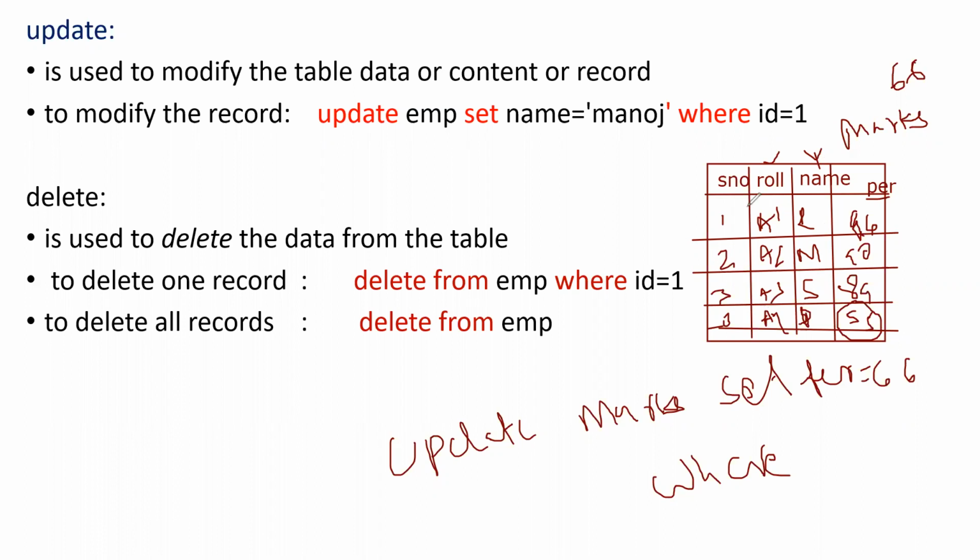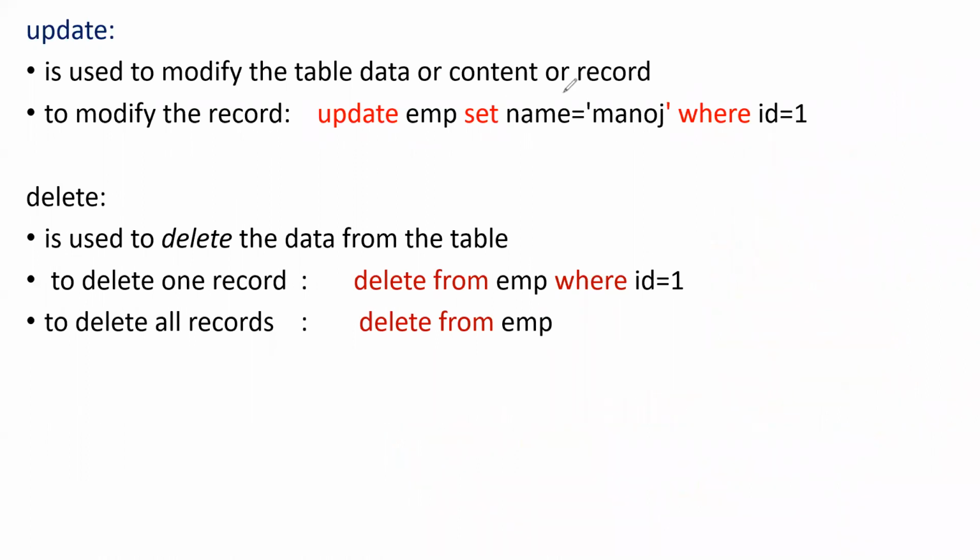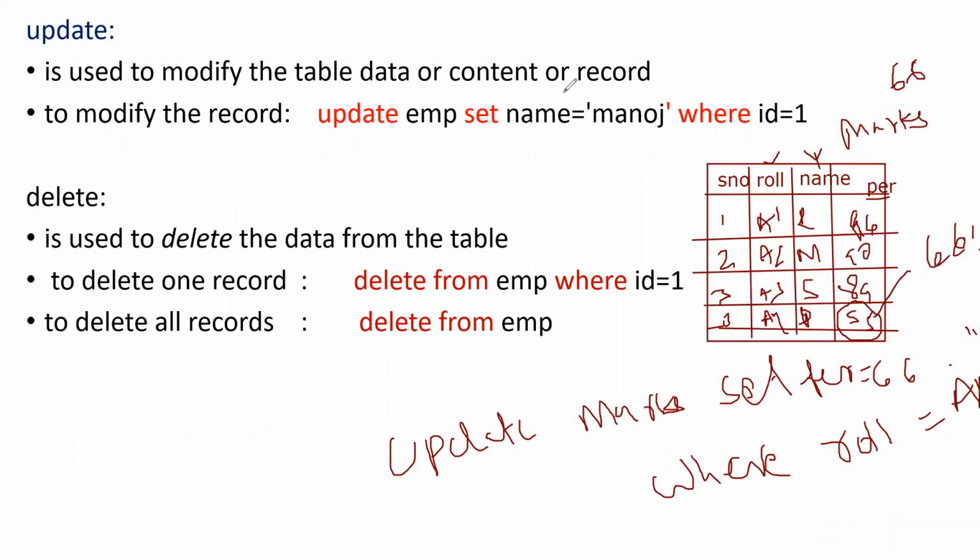For that case, we can use roll number. So where, I'll explain to you at the coming classes, right? Where roll equal A4. Okay, in that case, automatically it will be replaced with 66%. Okay, I hope you understood this.